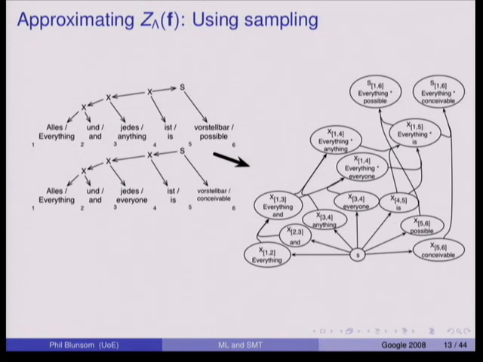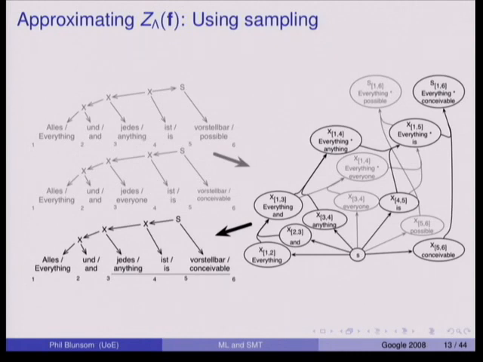We sample a second derivation, and again we add that to the pack chart. There's quite a bit of overlap, so we only need to add a couple of extra chart cells. Now we have an efficient representation of those two derivations. And then we can see that in that packed chart, we have a third derivation that we never added. So by doing this sampling procedure, we're building a much larger space of derivations than we're actually adding. And yes.